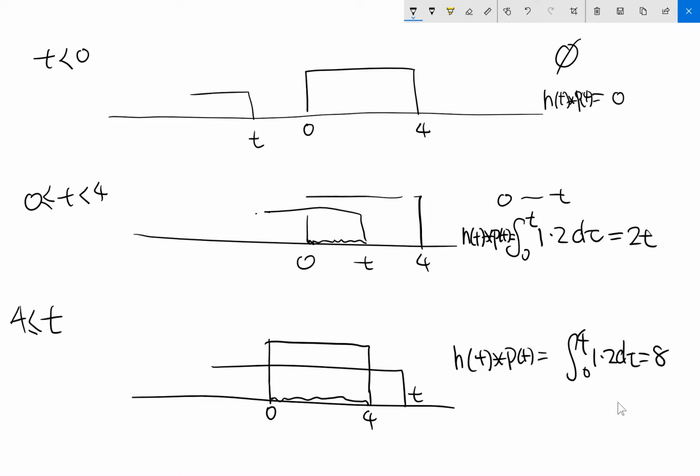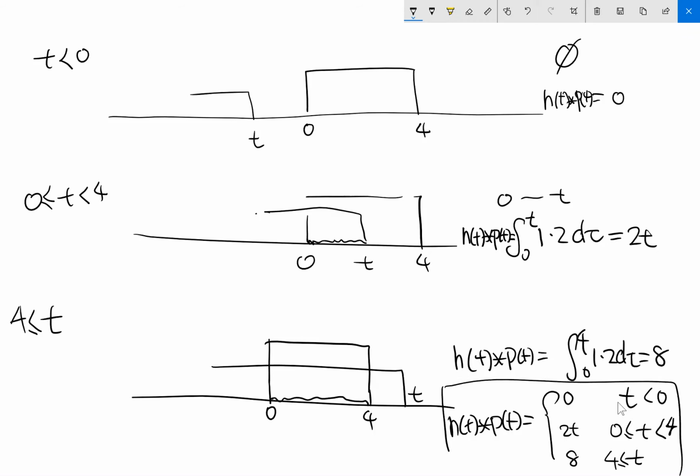So the final answer: h(t) convolved with p(t) equals 0, 2t, and 8, for t less than 0, t between 0 and 4, and t greater than 4. And this is the final answer.